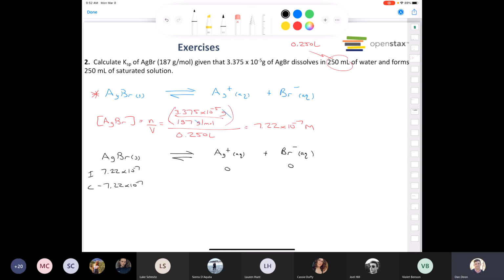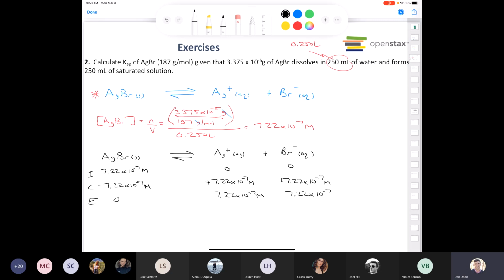Again, why? Because it tells you that this is your saturated solution. So you're going to lose all of that. I can put my units in here. You're going to gain 7.22 times 10 to the negative 7 moles per liter of silver ions, and 7.22 times 10 to the negative 7 moles per liter of bromide ions. At equilibrium, you've got none of the solid. You've only got silver ions and bromide ions, which have the same concentration.